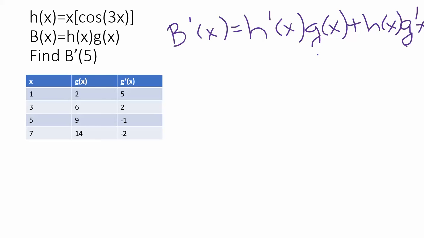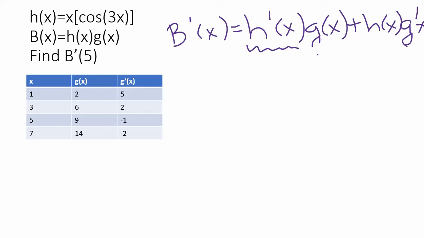The good news about this is that we found this derivative, h prime of x, on our previous page. One nice thing about the AP exam is a lot of the free response problems will have multiple sections that build off of each other. Also, if you make a mistake in a previous question, but you carry it forward in the free response, they're not going to penalize you twice.